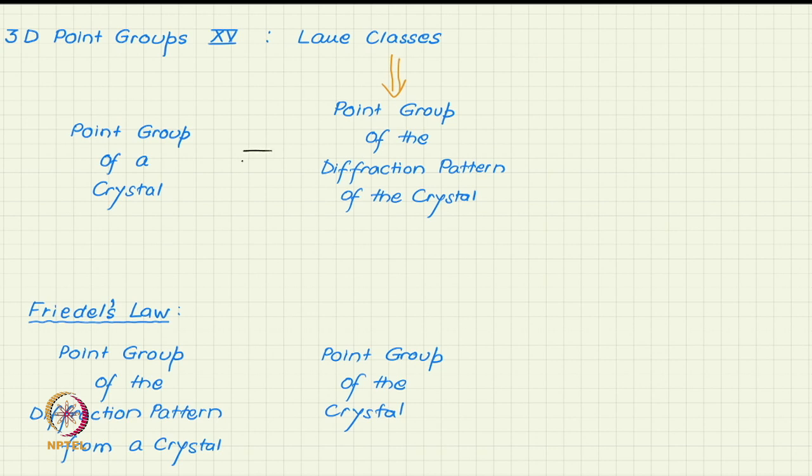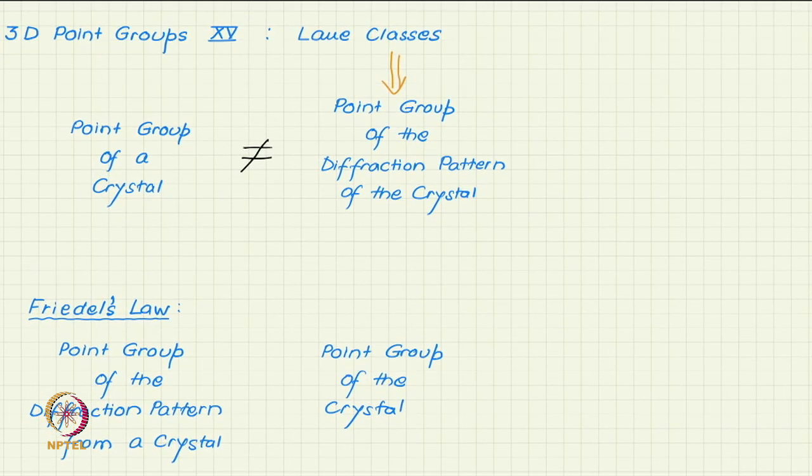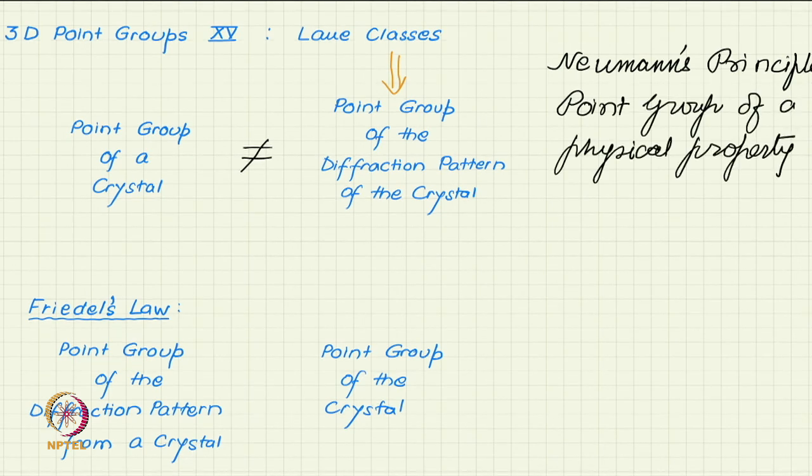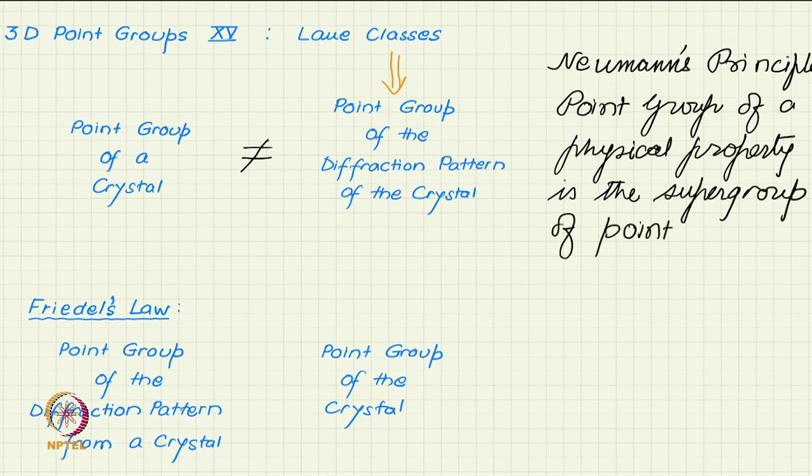The two are not equal, and in fact this inequality is true not only for the diffraction pattern, but for many physical properties of the crystal, and it is described by a principle called Neumann's principle, which says the point group of a physical property is a supergroup of the point group of the crystal.